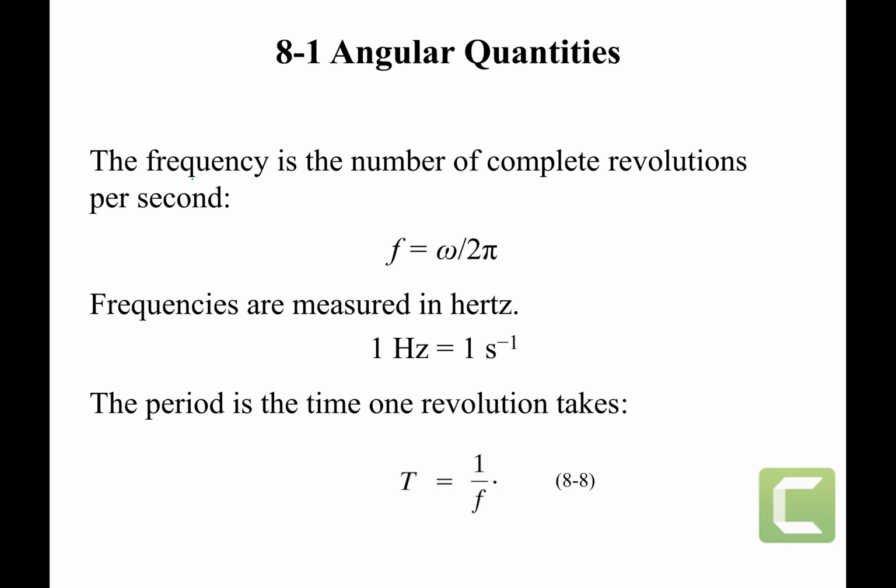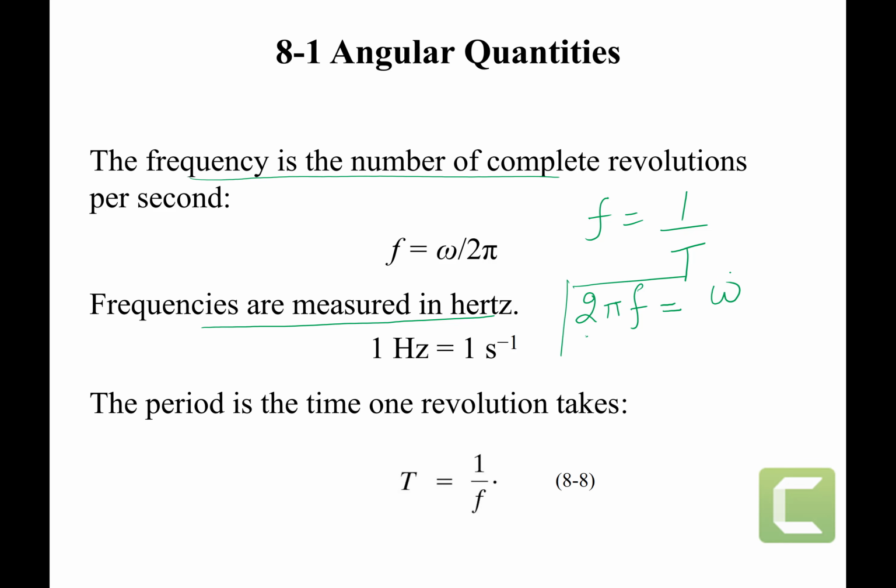The frequency also, we can define frequency. Frequency means the number of revolutions per unit time, which is per second, and frequencies are measured in hertz. Frequency is the reciprocal of time. So 2 pi f is equivalent to omega, and that represents angular frequency, and we can also relate this as f is equivalent to omega over 2 pi.